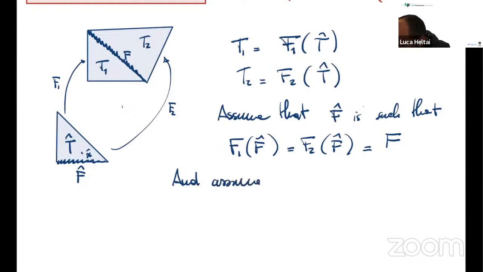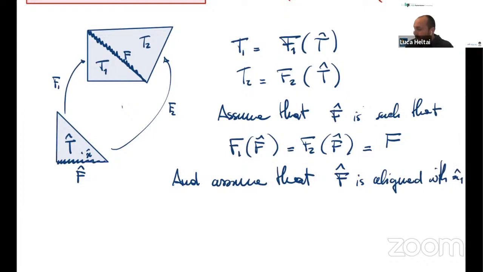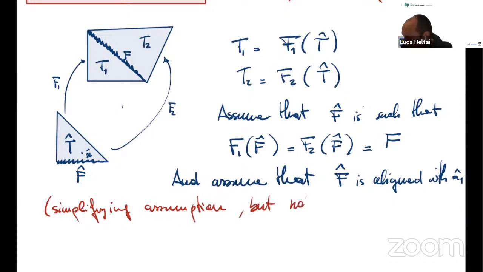Okay, and assume that F hat is aligned with X1 hat. This is a simplifying assumption, but not necessary.